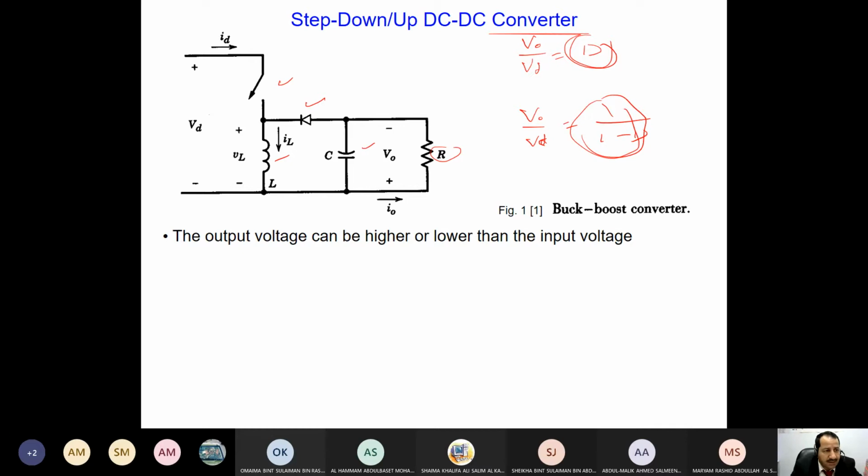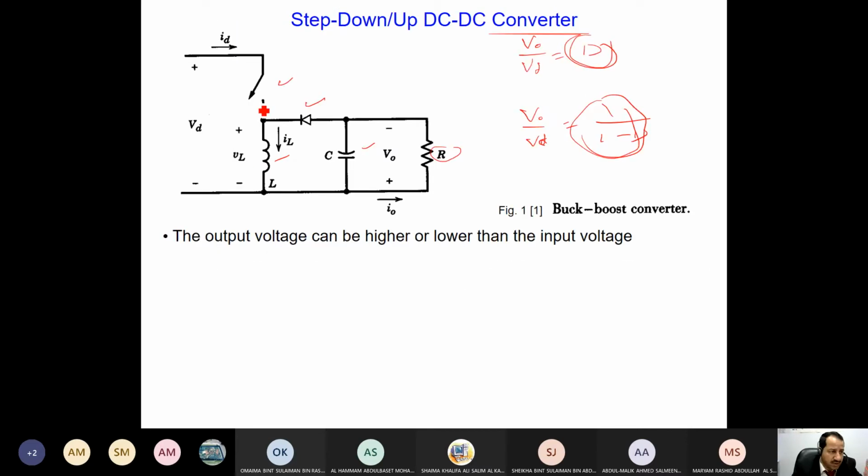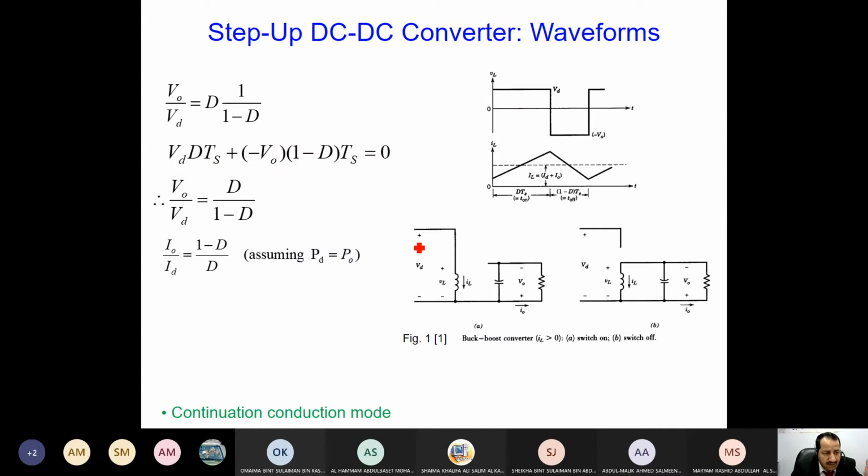Okay. Now this circuit, as you can see, works in two situations. The first situation, when I switch the transistor here in this way, definitely current will flow through the inductance. Nothing will flow here. This will be open circuit. How does my circuit look? Like this. Current flows here, and the diode is open circuit.